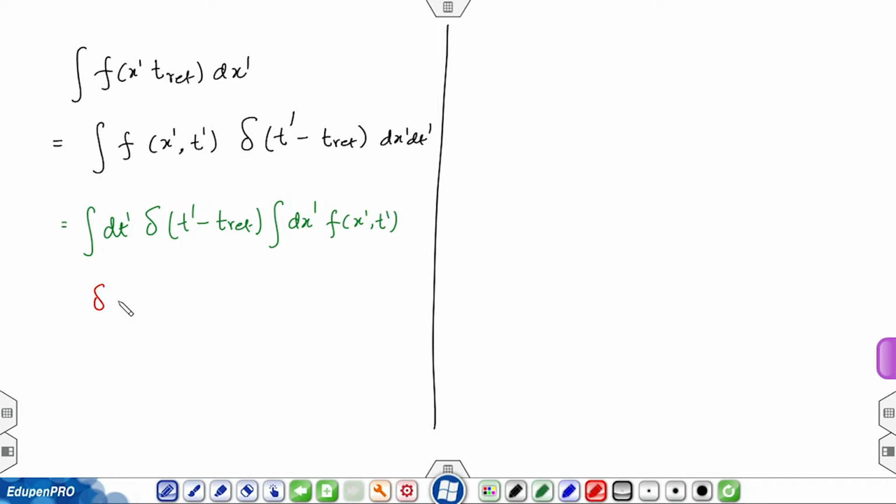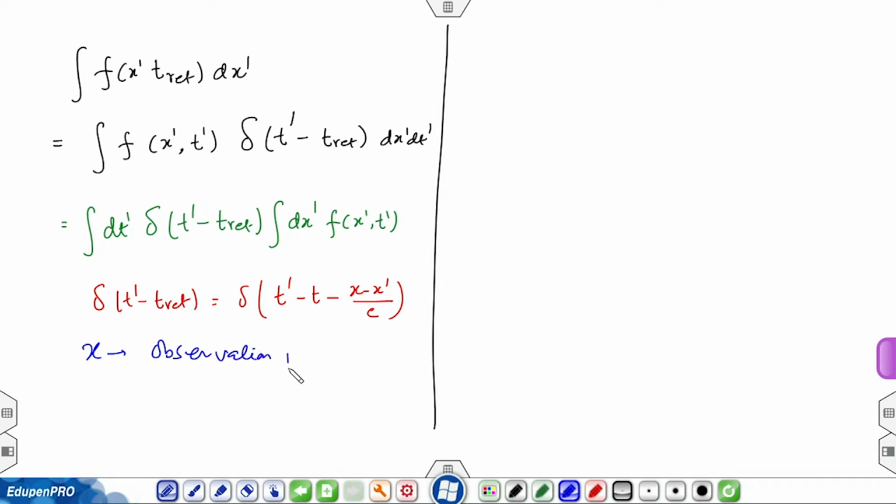Now, delta of t' minus t retarded is equal to delta of t' minus (t minus |x - x'|/c). By the way, you may be wondering what is x. x is the observation point. And this will be plus.